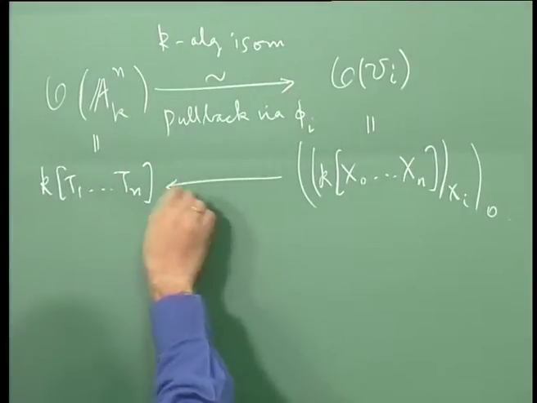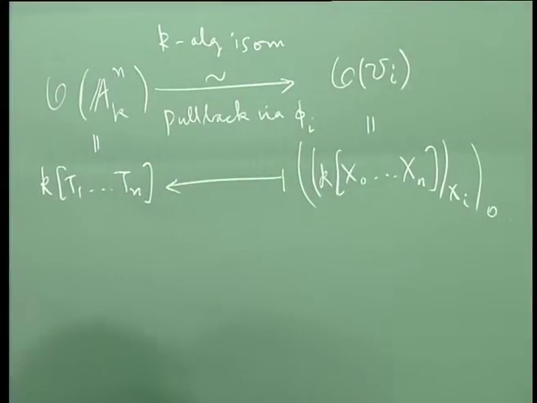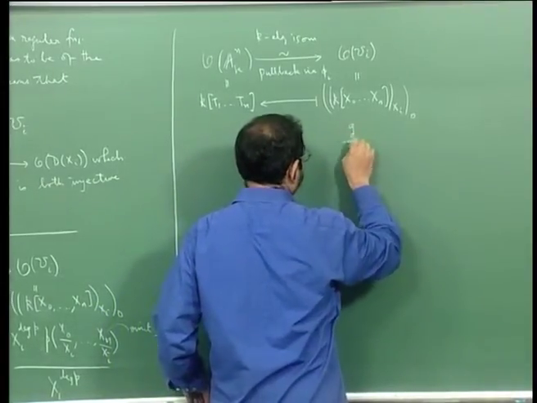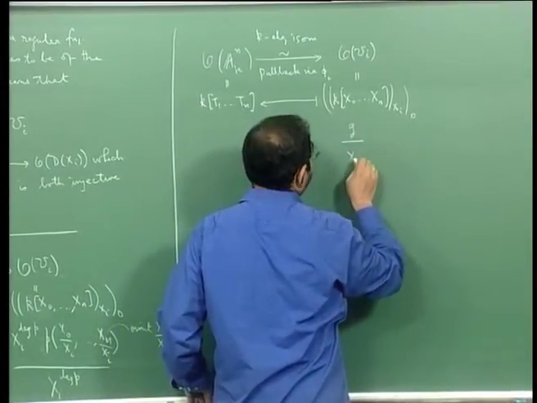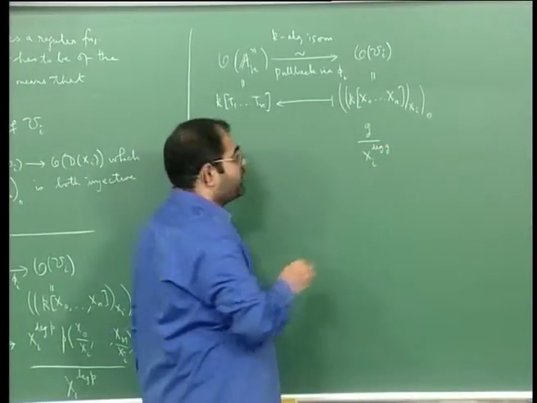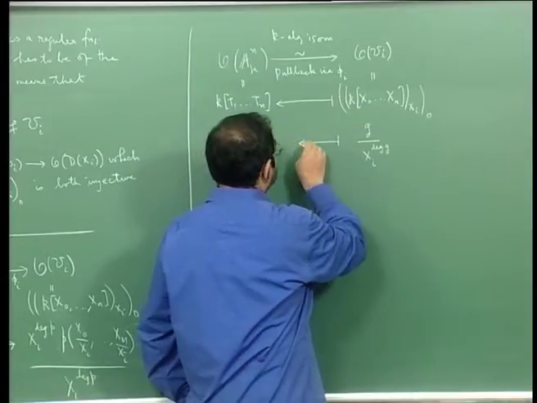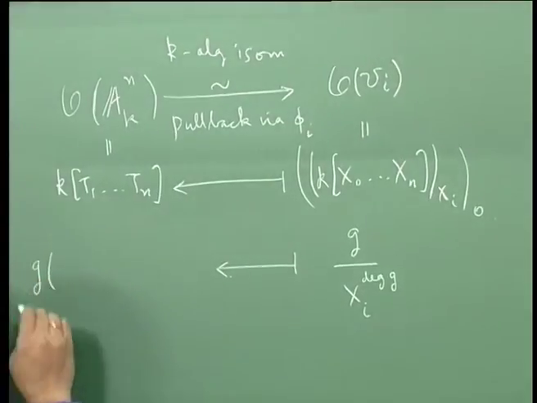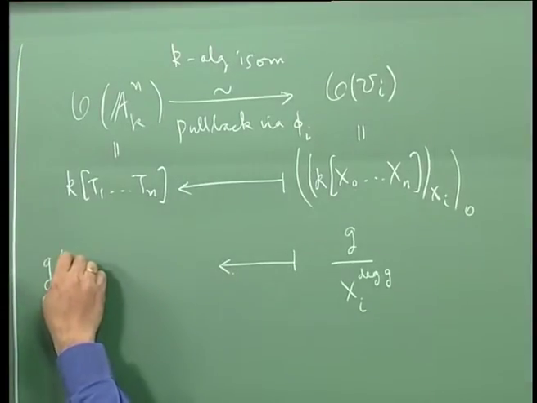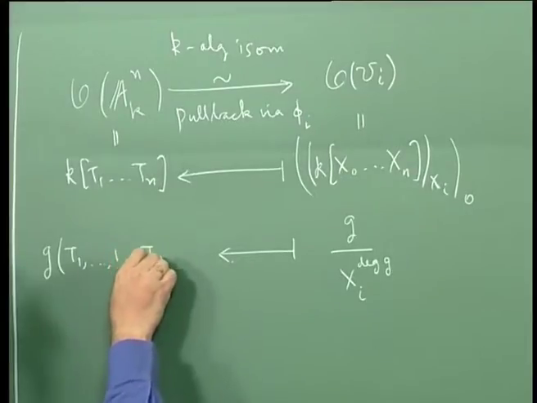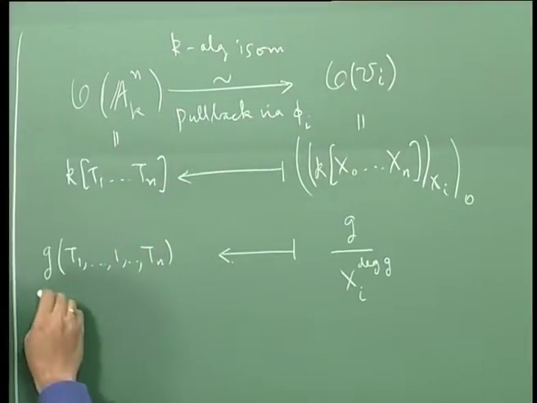We have this. So what is the map in this direction? The inverse map is you start with any g by xi to the degree of g, and what you will do is simply send it to g of t1, ..., 1, ..., tn. This is what you will do.